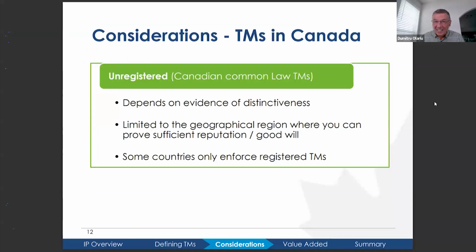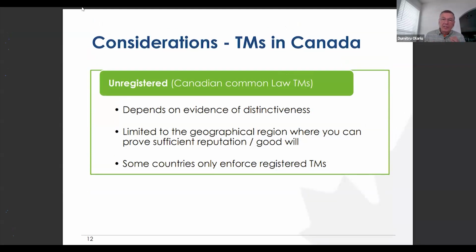So here, you have in the previous slide how much it will cost you to register a trademark, but keep in mind that you may have basic protection in Canada under the so-called common law. So registration has certain advantages. It gives you additional evidence of ownership. It may be enforced throughout Canada, regardless of where you use it. But under common law, the protection depends on the evidence of distinctiveness.